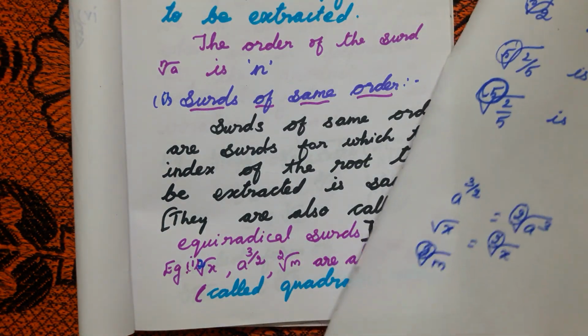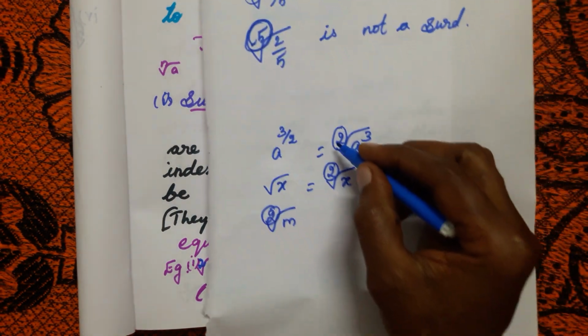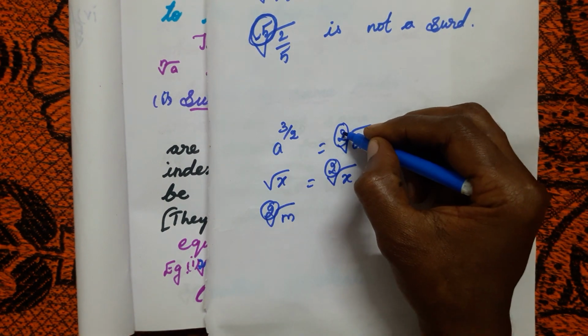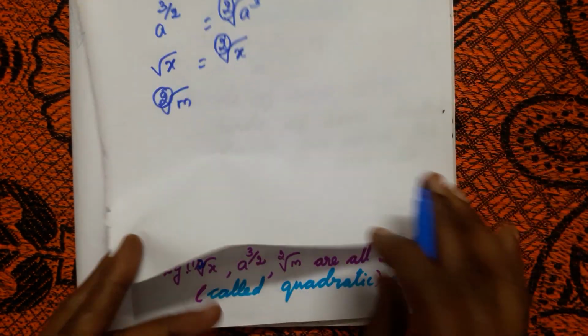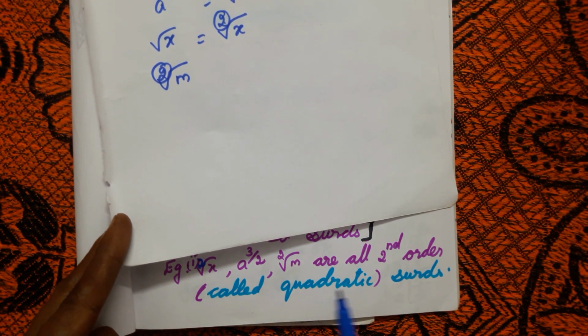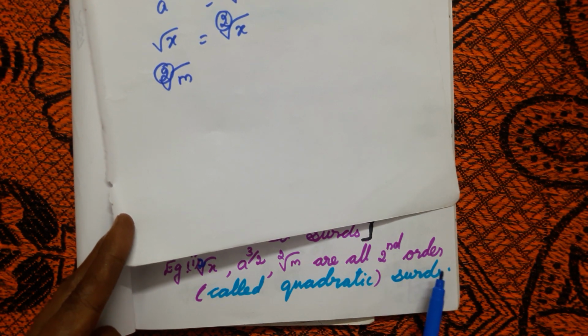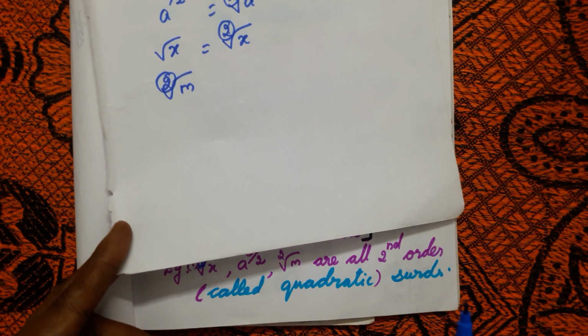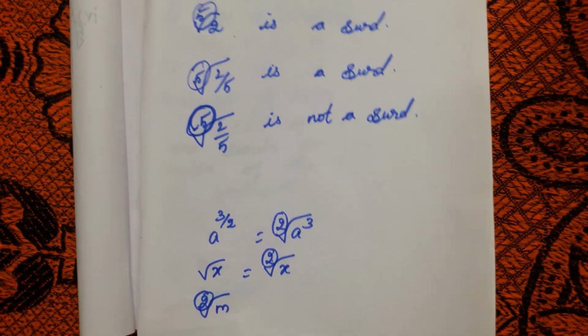Here the order is the same everywhere, and the order is 2. So we can say it is a quadratic surd, or second order surd. Can you understand?